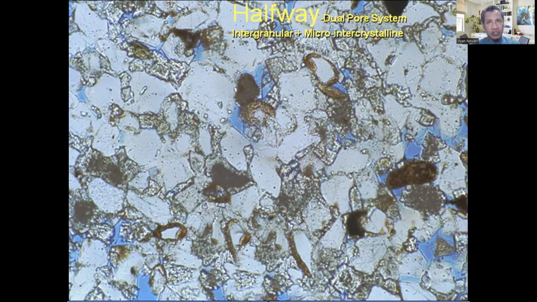It generally has varying degrees of dolomite in the rock as well. In between this dolomite is micro intercrystalline, sheet-type porosity. That represents this micro intercrystalline porosity, which really shows the power of the technique, I guess.